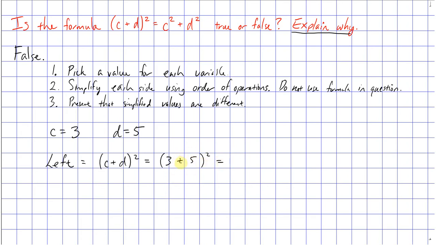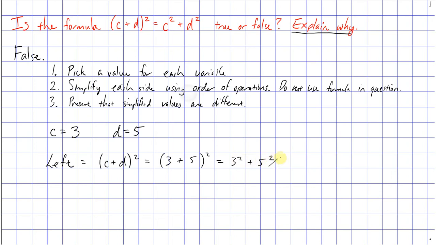Let me take a step back and do something that I'm not supposed to do, because I'm not supposed to use the formula in question. The formula in question makes it look like the square, this exponent, is being distributed to the c and to the d. And so if I did what it appears this formula is doing, I'd end up writing 3 squared plus 5 squared.